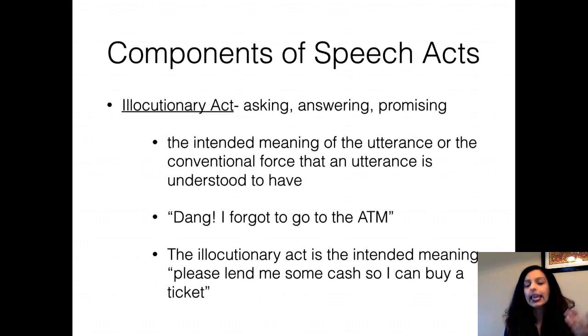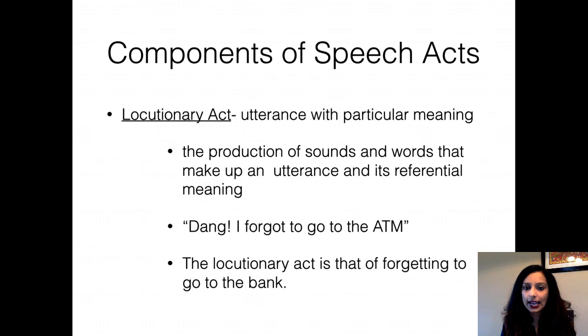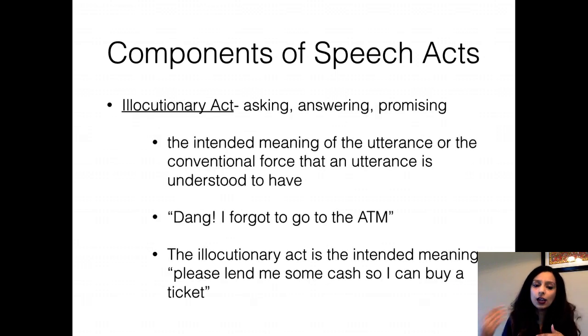What you're trying to say kind of indirectly is basically, I don't have money, please lend me some cash so that we can buy a ticket and watch the movie, right? So the illocutionary act is the non-literal meaning or the indirect meaning, and it talks about asking, answering, or promising something, right? So the locutionary act is the literal meaning associated with the statement, and the illocutionary act is the indirect or the hidden meaning associated with that.